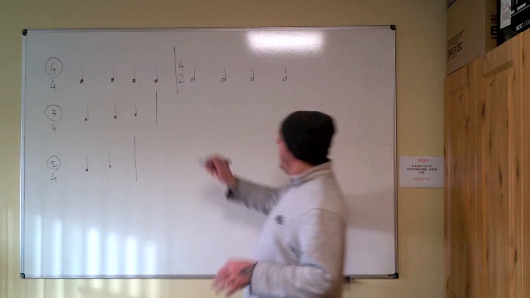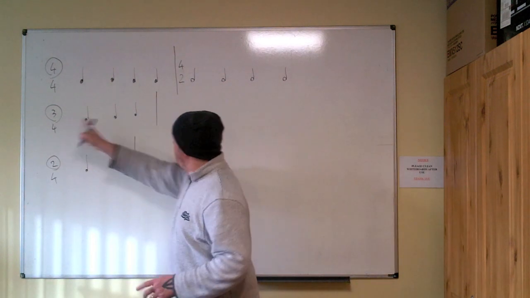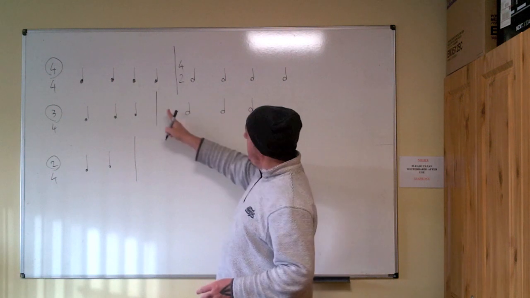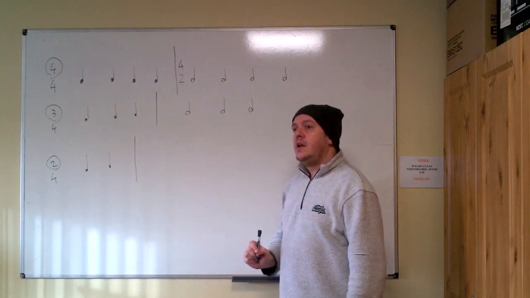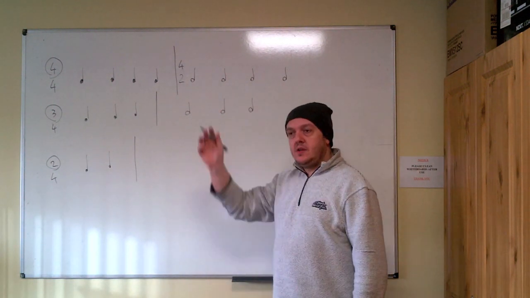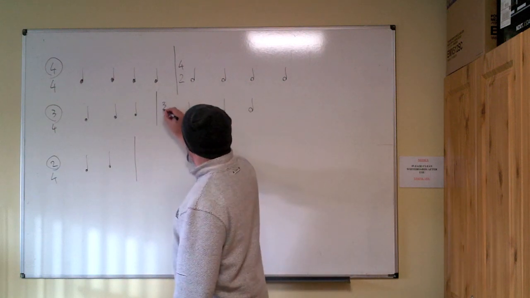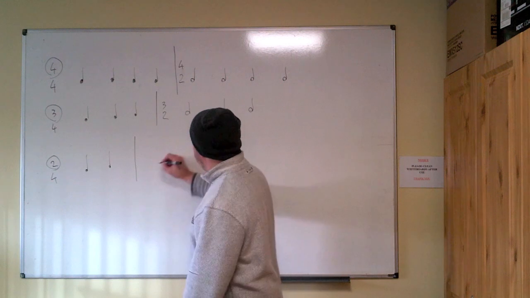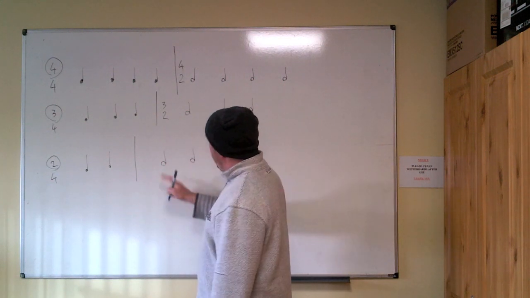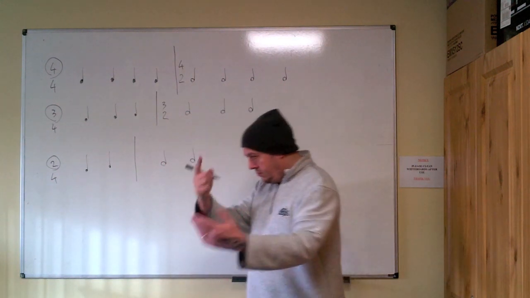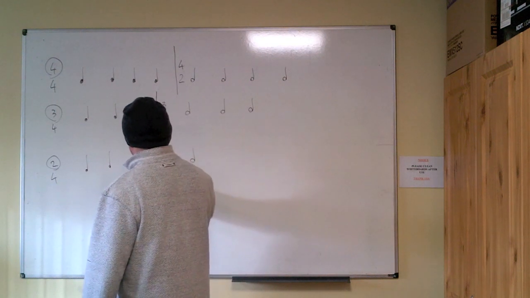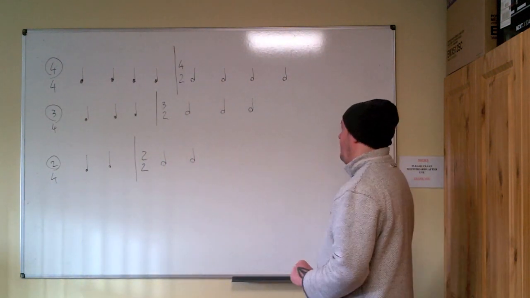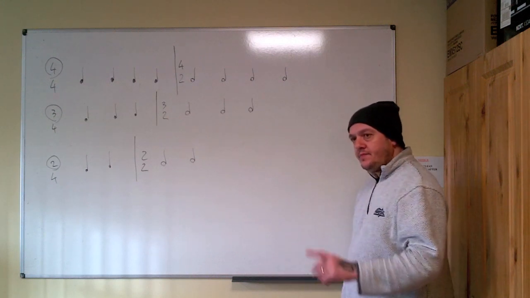What time signature am I going to get here? Just the 2 numbers. 3-2. What time signature am I going to get here? 2-2. There you go, there is one more.